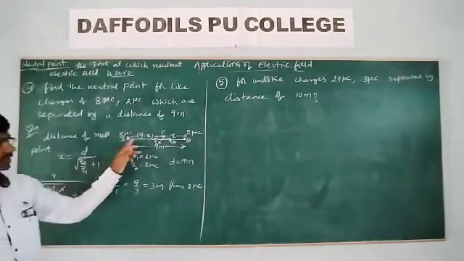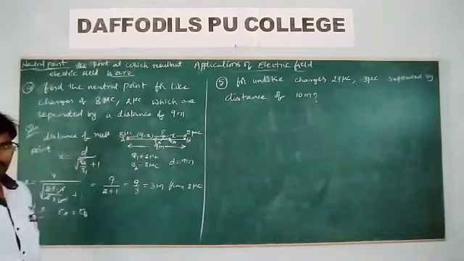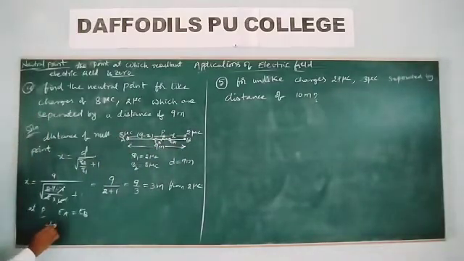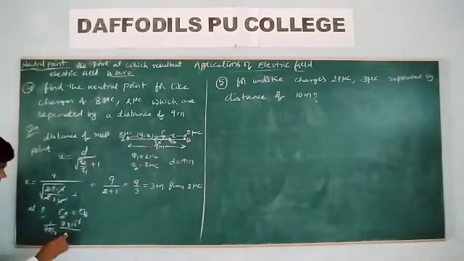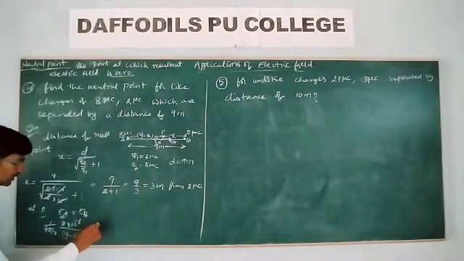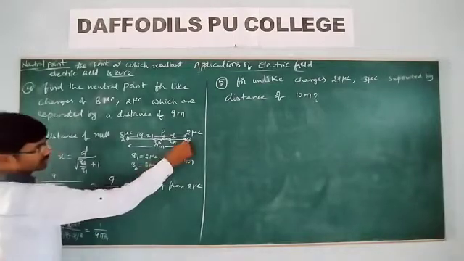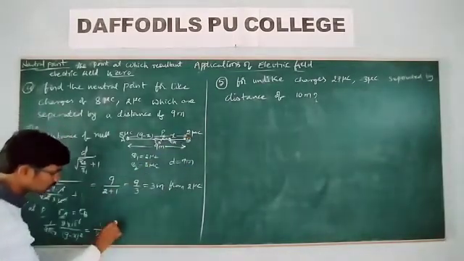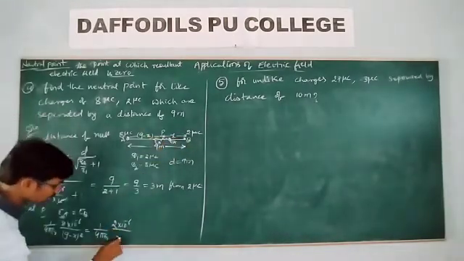The electric field due to point charge A and the electric field due to this 2 microcoulomb charge are equal. So 1 by 4 pi epsilon naught QA, which is 8 into 10 power minus 6, by what is the distance here? x. 9 minus x whole square is equal to EB, 1 by 4 pi epsilon naught, charge at B 2 into 10 power minus 6, by x square.